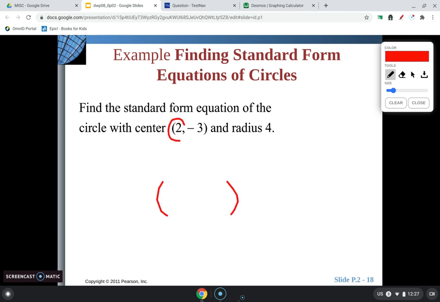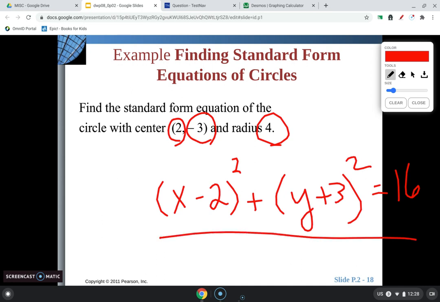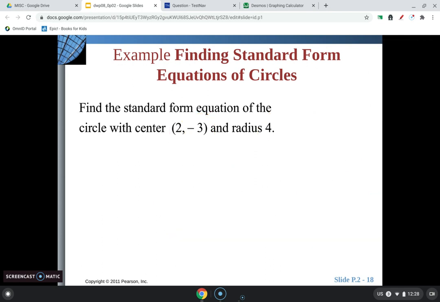So you take x minus the x coordinate squared plus y minus the y coordinate, but our y coordinate is negative, so it's going to be y plus 3 squared equals the radius, which is 4 squared. So (x minus 2) squared plus (y plus 3) squared equals the radius squared, or 16. So there's your equation of the circle.